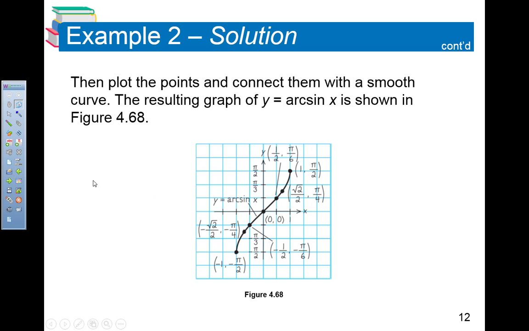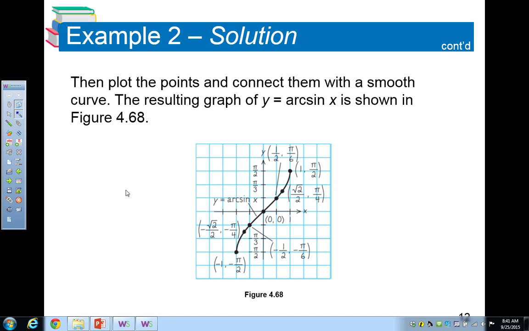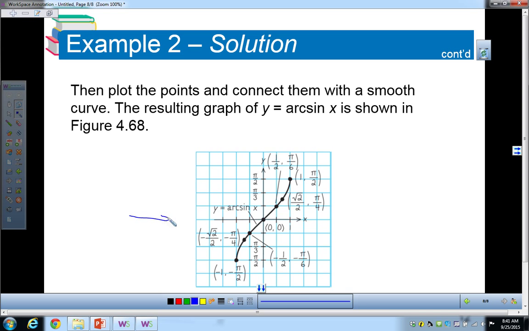You should know the general shape of this graph. So notice the difference. This is not part of the sine graph. This is what I would have if I took the line y equals x, here's y equals x, perfect, and I flipped the sine graph over that line.